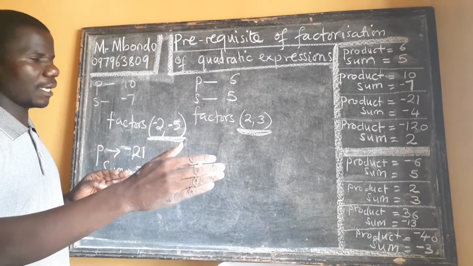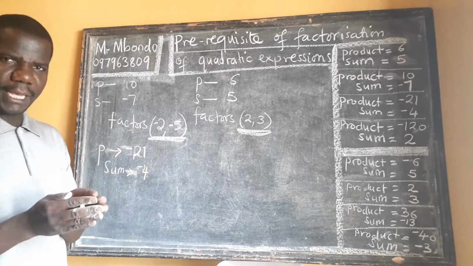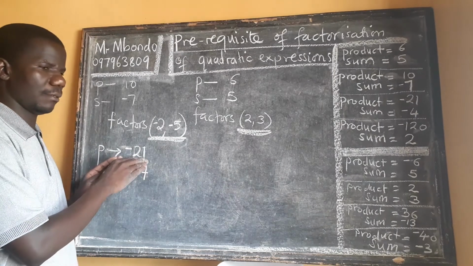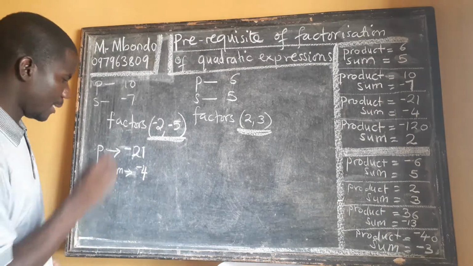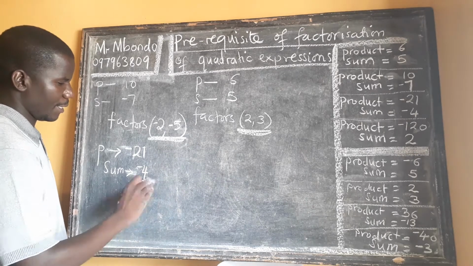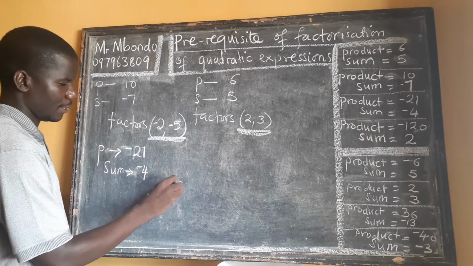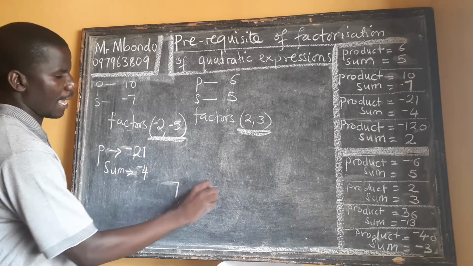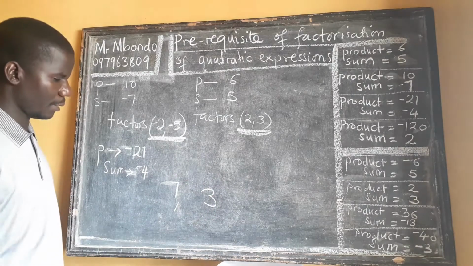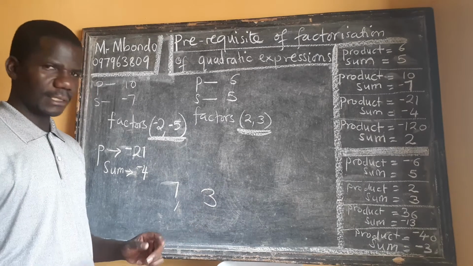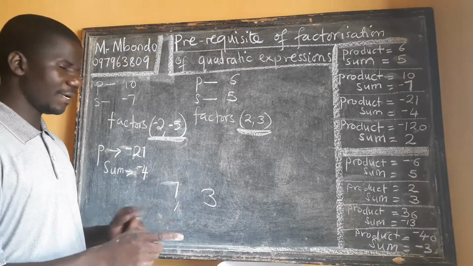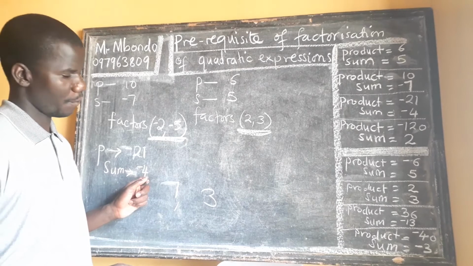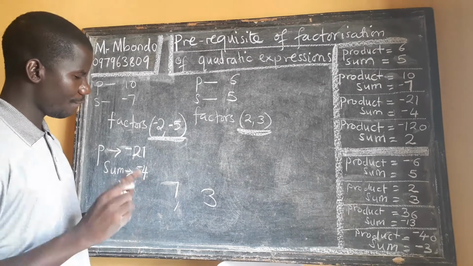Now, when you begin to pair them up in the manner that they multiply to give you 21, there is this pair that you are going to find: 7 and 3. Okay? On this pair, there is something very interesting. They have a difference of 4.